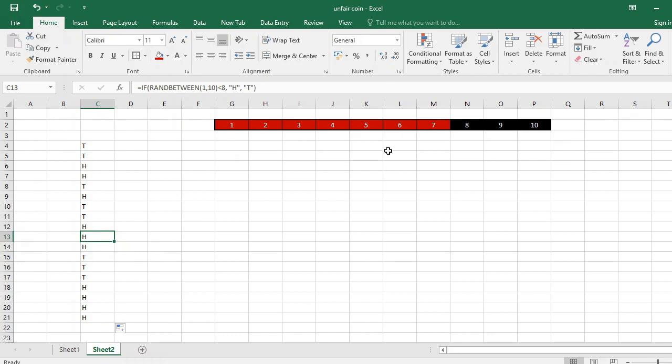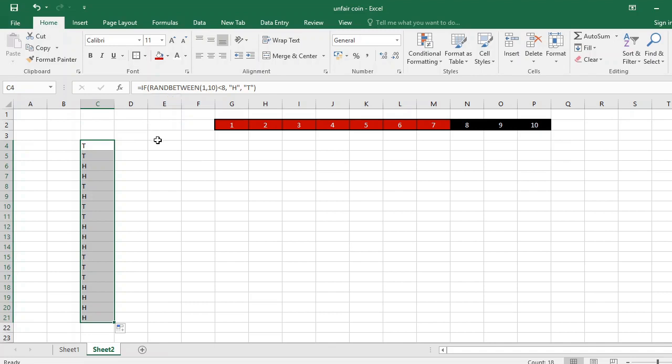Now as you can examine this particular column, you see that there are many more heads than tails. Although the number of trials is very small here, by and large this kind of function, if rand between 1 comma 10 is less than 8, then heads, else tails, would generate far greater number of heads than tails.